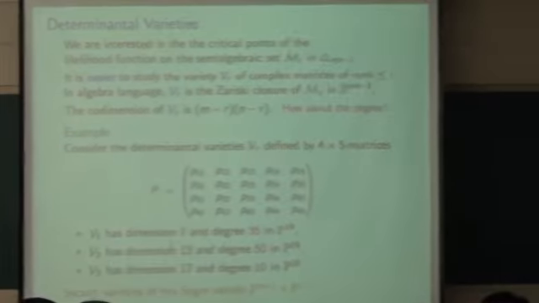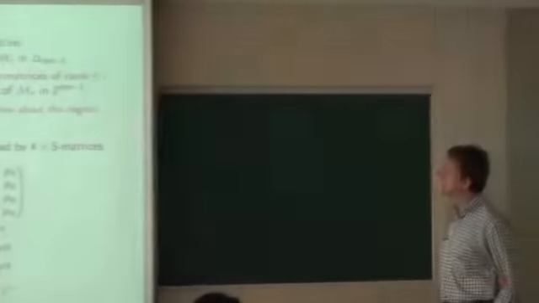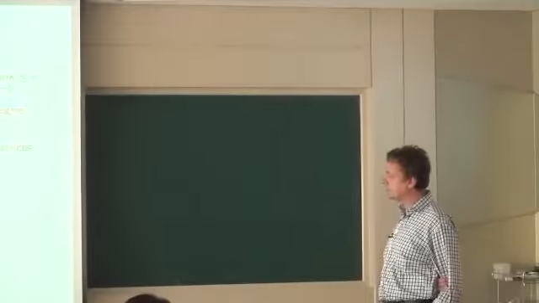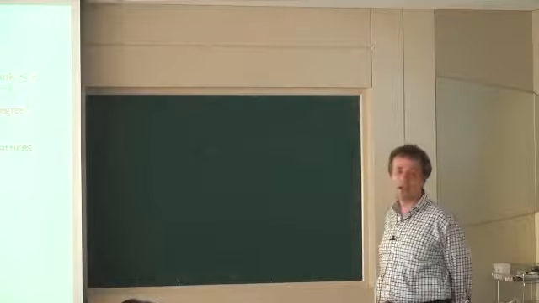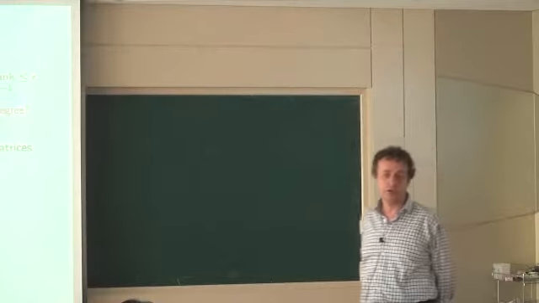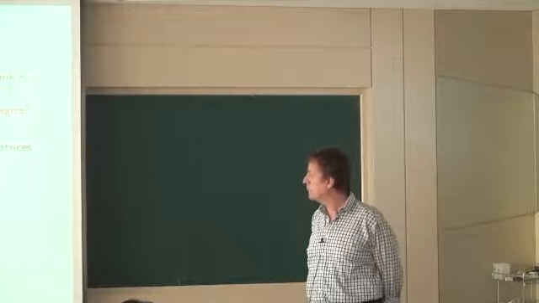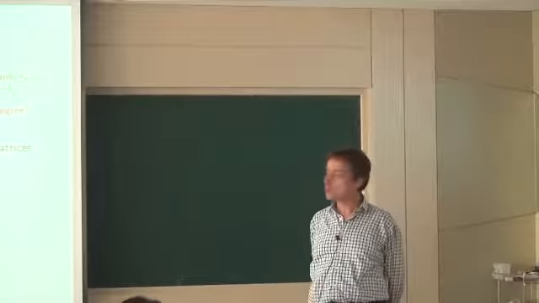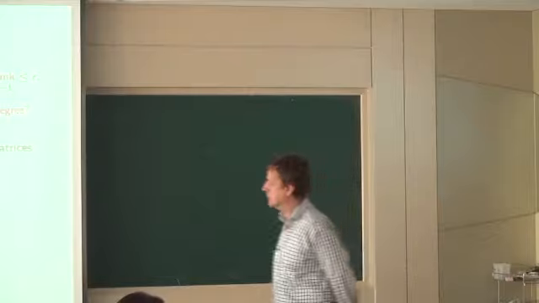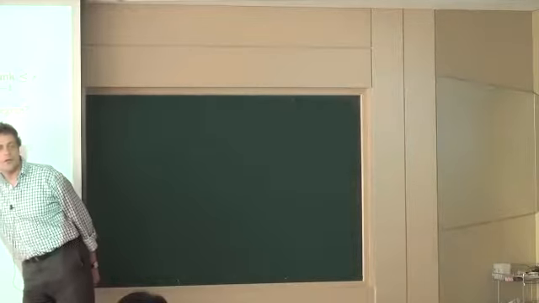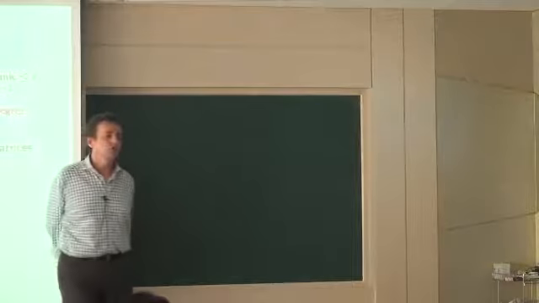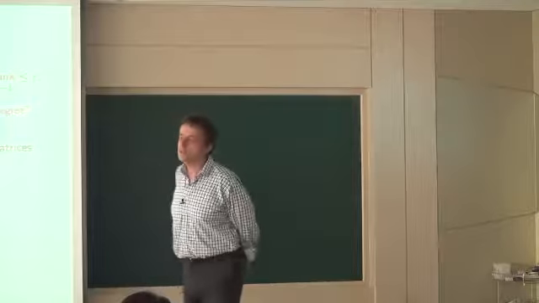V_2, the matrices of rank at most 2, has dimension 13 and degree 50, and then V_3 is given by the vanishing of the 5 4 by 4 minors, that's codimension 2 and degree 10. Okay, so it's always nice to review the dimension and degree of determinantal varieties.